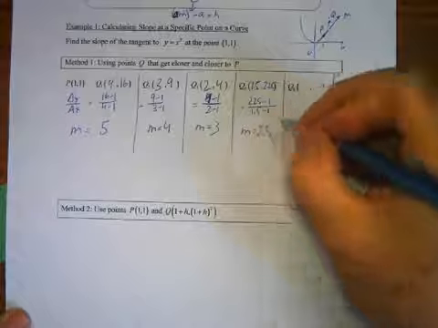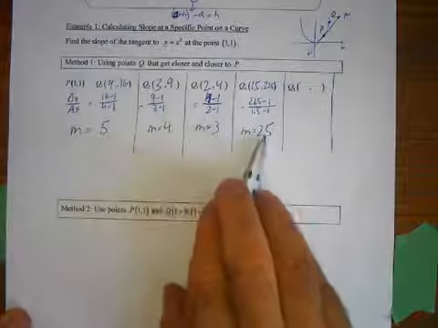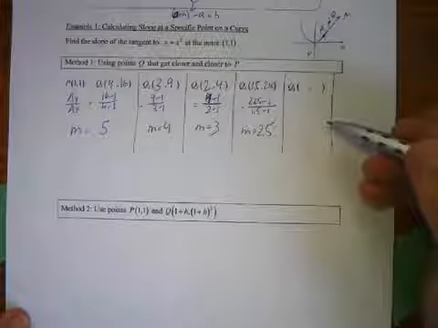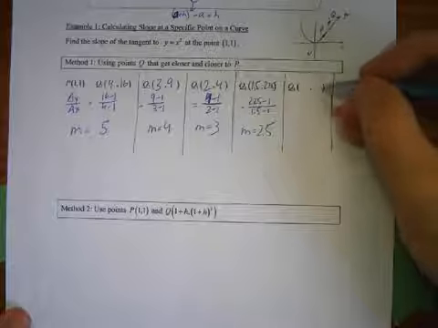It went down by 1, down by 1, and now down by 0.5. How far will it actually go? Will it go to 0? Will it go negative? Probably not.